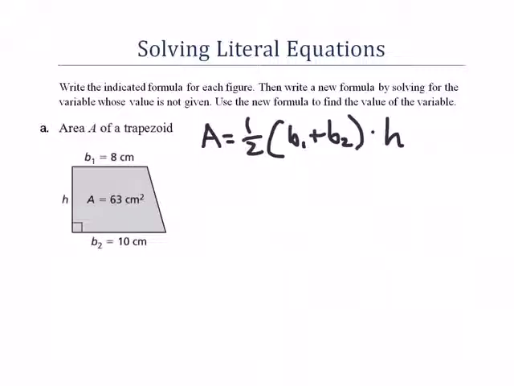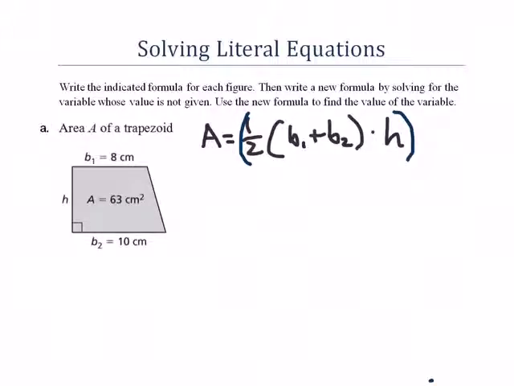All right, well, let's start off by trying to get rid of the 1/2. How can we get rid of that 1/2? Well, whenever you have a fraction, a good way to get rid of a fraction is to multiply by 2.